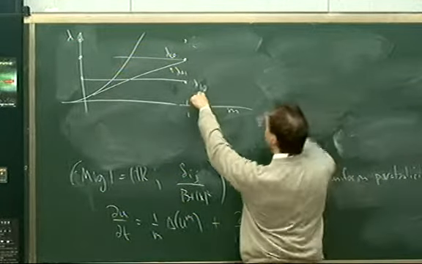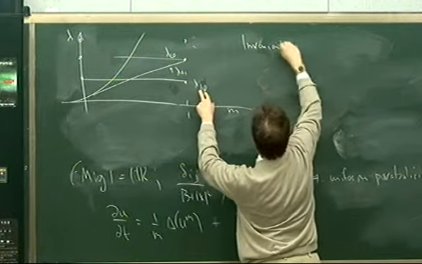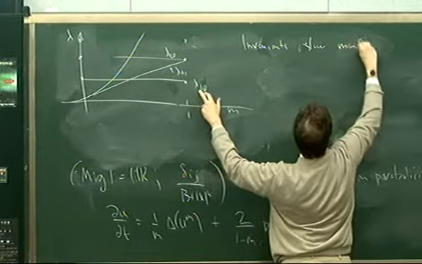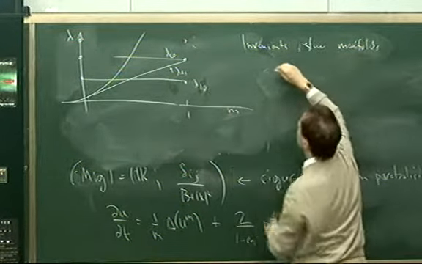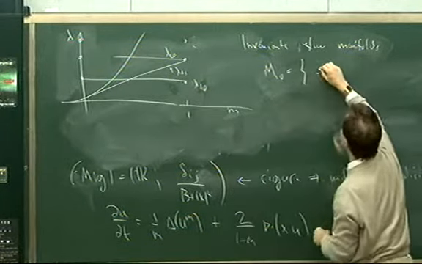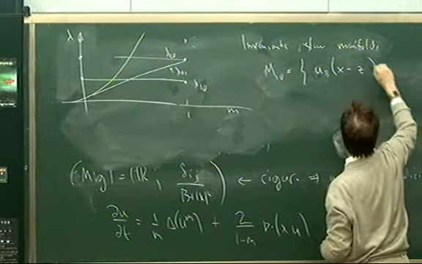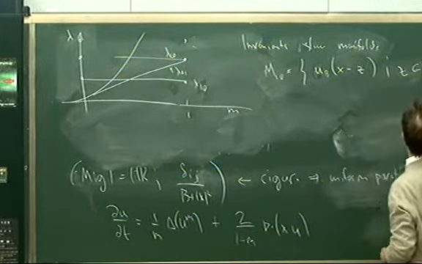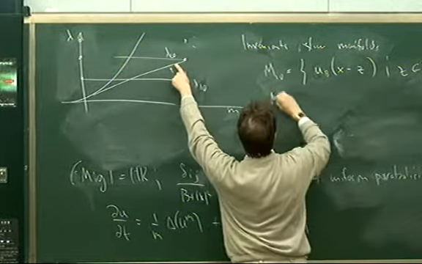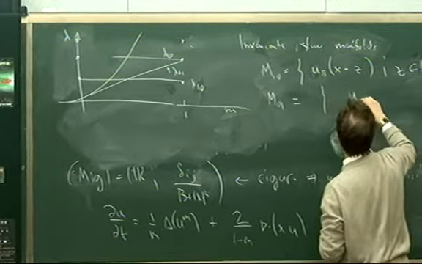So I already sort of told you what the invariant manifold is for this one. Slow manifolds. The one corresponding to this one is the set of all translations of the Barenblatt. And the one corresponding to this one is the set of all dilations of the Barenblatt.